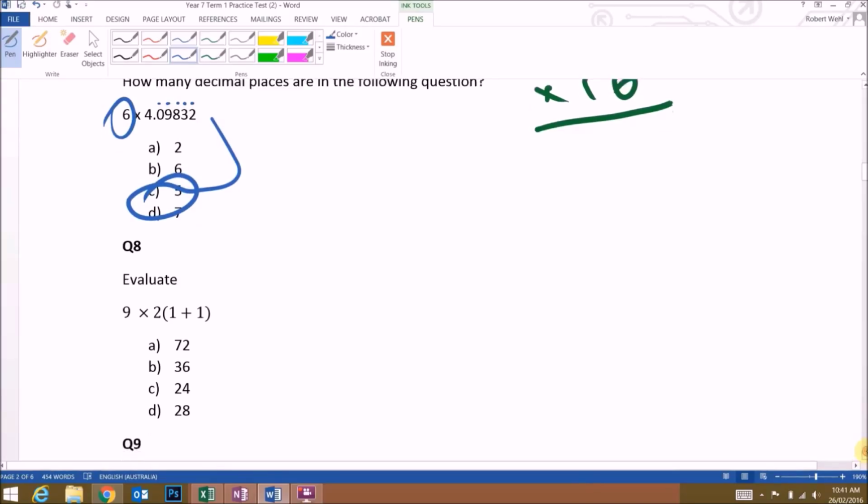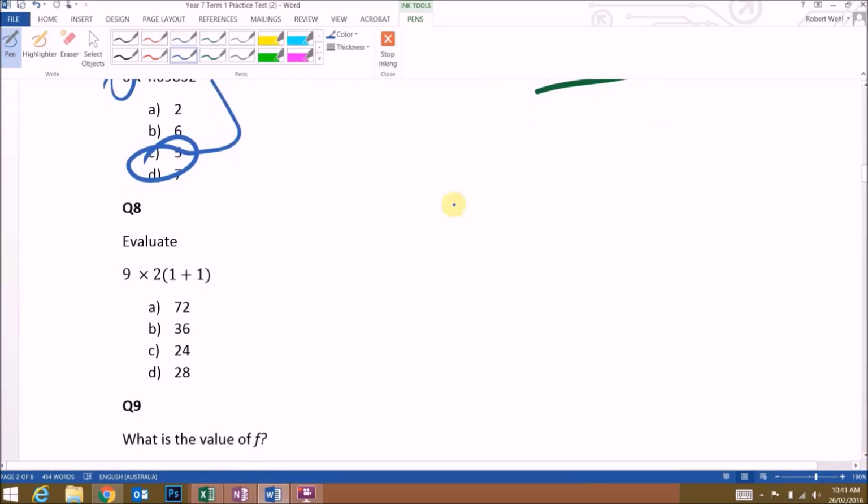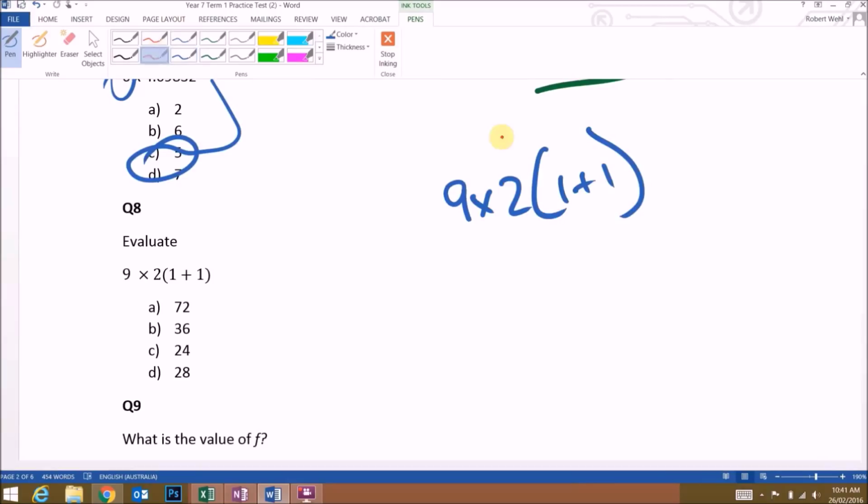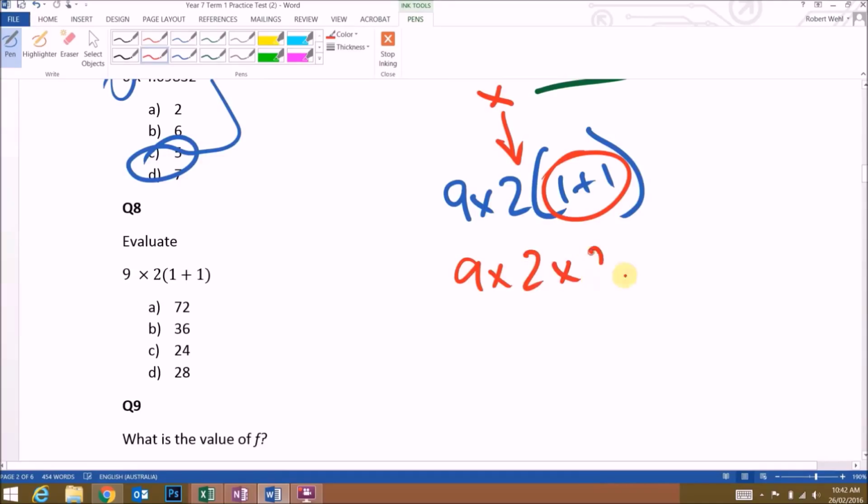Evaluate. Evaluate means do the question. So, this is our question. A couple of things to note in here. There's no sign in between the 2 and the brackets, so that means times. We have to do the brackets first. 1 plus 1 is 2.